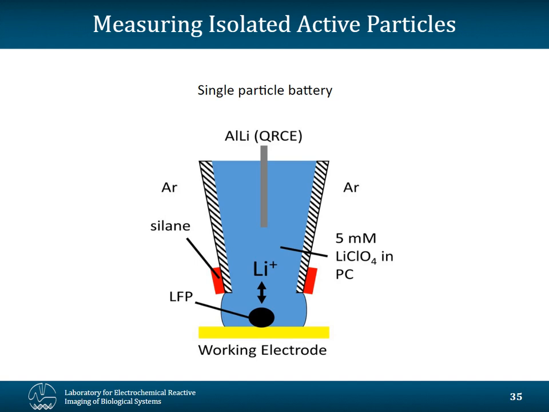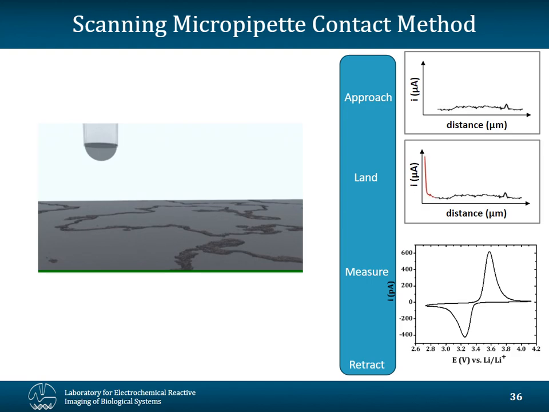Now, if you want to do battery material, the electrolyte in the work that I'll be showing you is an organic electrolyte like propylene carbonate. And then you can form a small droplet at the end of this micropipette and basically isolate single battery particles or aggregates and look at intercalation reactions, for example.